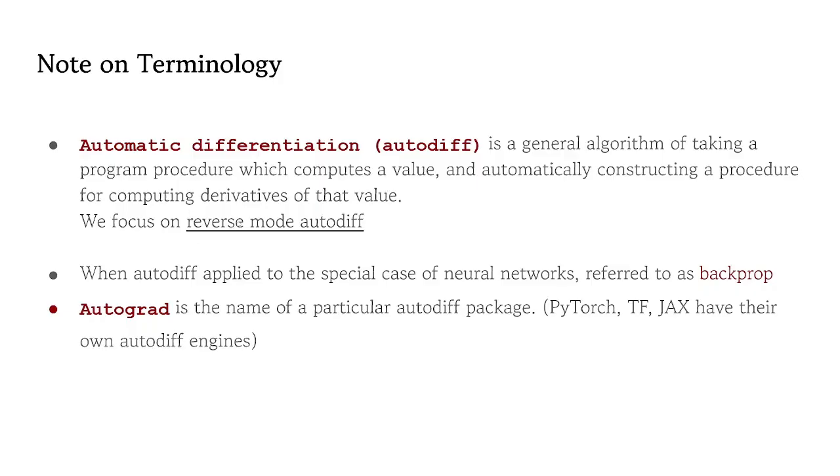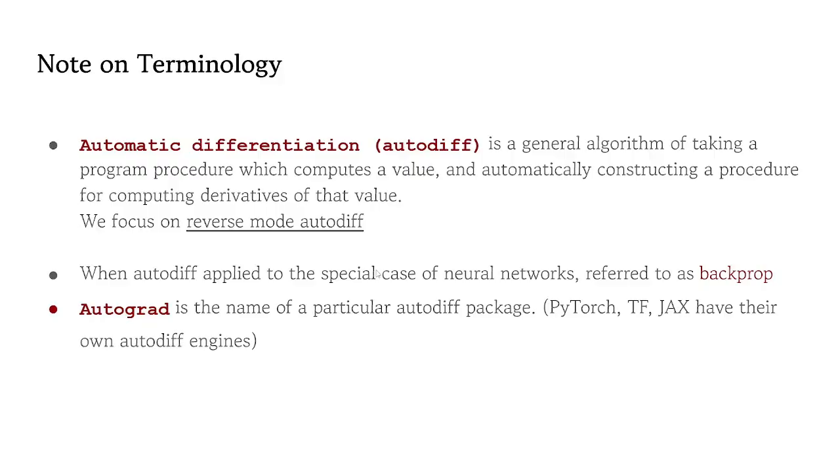There are two modes of automatic differentiation, and here we are going to focus on the reverse mode because that is the one most dominantly used in machine learning. So a function, let's say, takes in a multidimensional vector as input and returns a multidimensional vector as output. So that's in the general case.